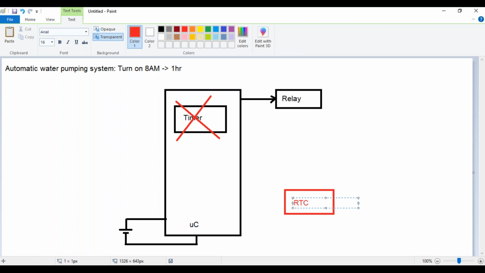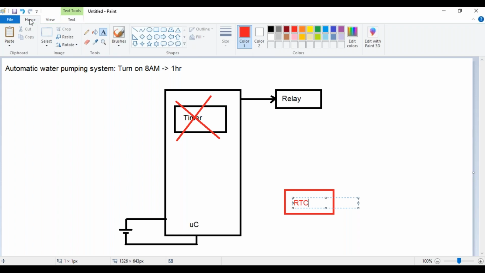The biggest advantage of RTC is that it can be separately battery backed up. So you don't have to draw the source from the microcontroller itself all the time. It consumes very little power compared to all other peripherals. So I'm going to make use of RTC in order to make this happen.